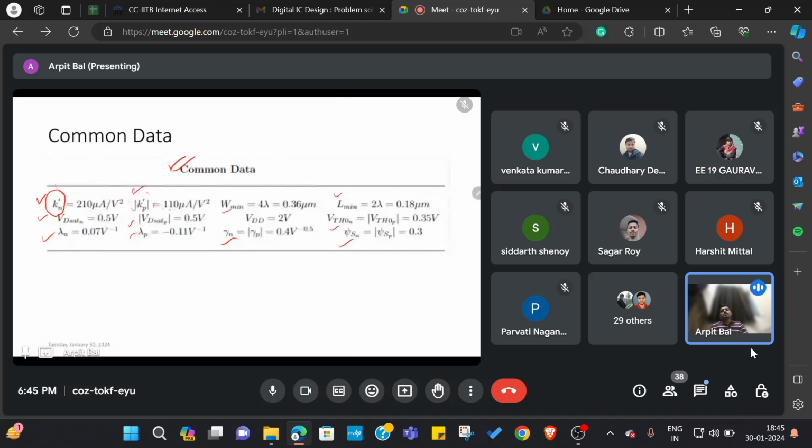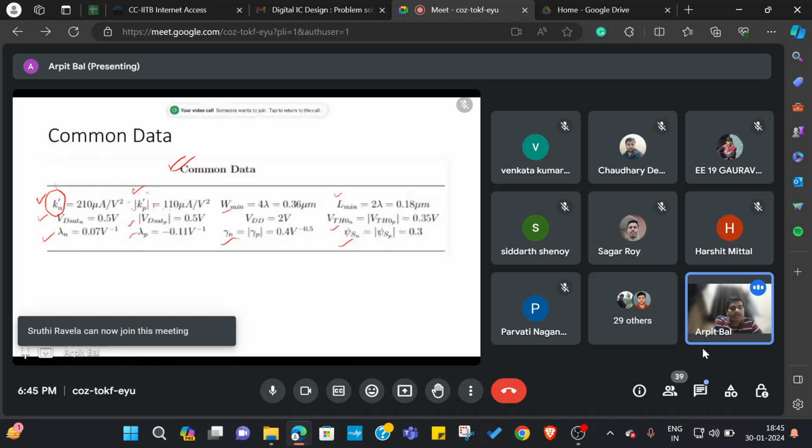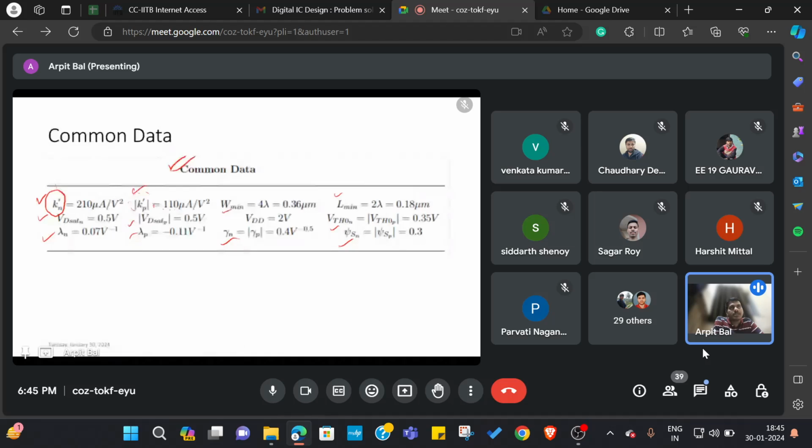This is exactly for the direction of current that was asked by Venkat. Whenever we write the equation for ID for PMOS, we use minus 110 microamps per volt square.